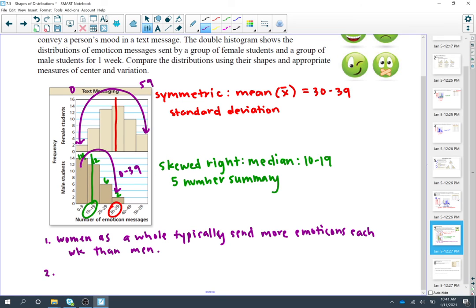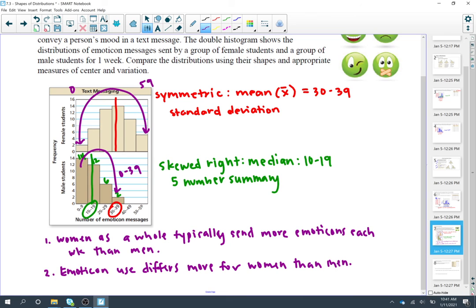So there we can say emoticon use differs more for women than men.